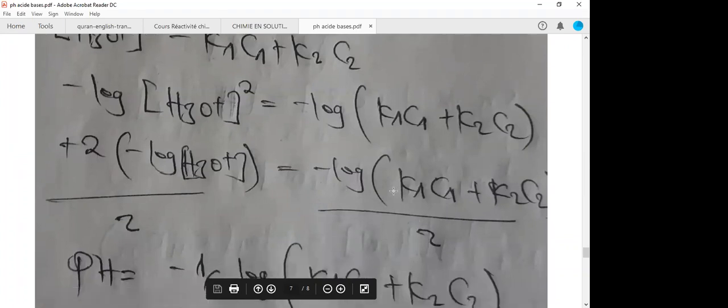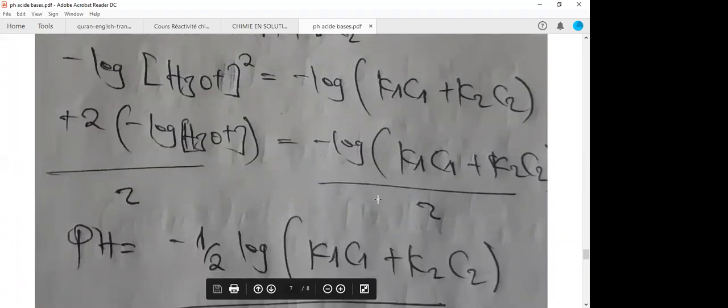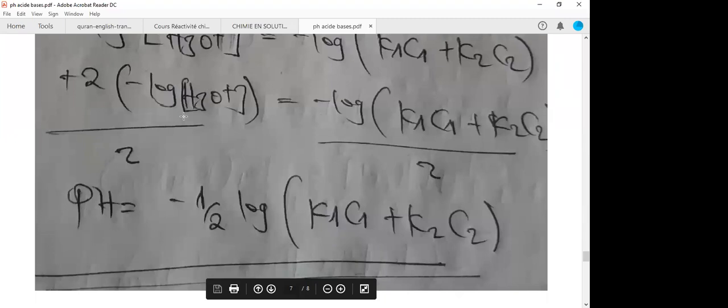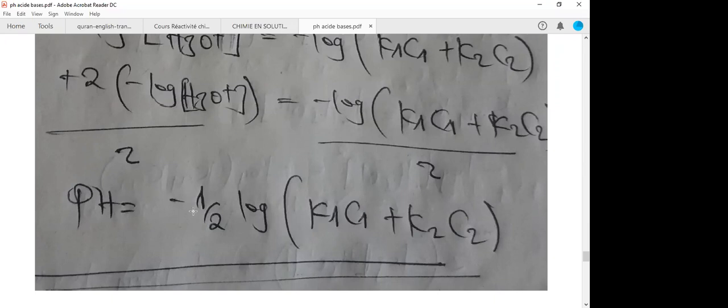I didn't distribute the logarithm. Then what is negative log of the concentration of H3O+? It is also called pH. So pH is equal to negative, and here I will divide by 2 on both sides, so I have pH equal to -1/2 times log of K1 C1 plus Kd Cd.